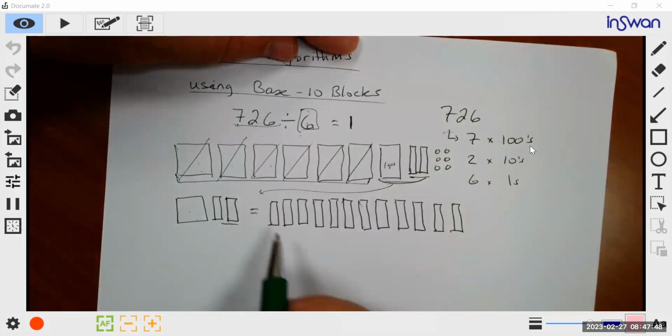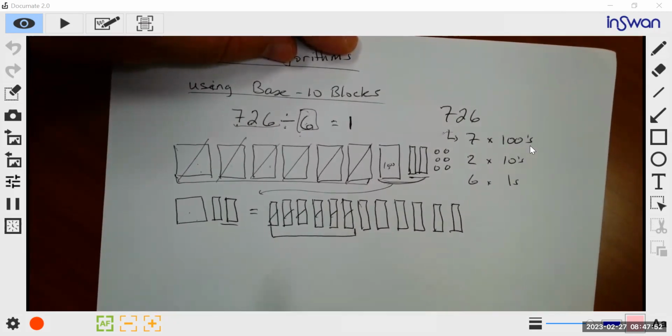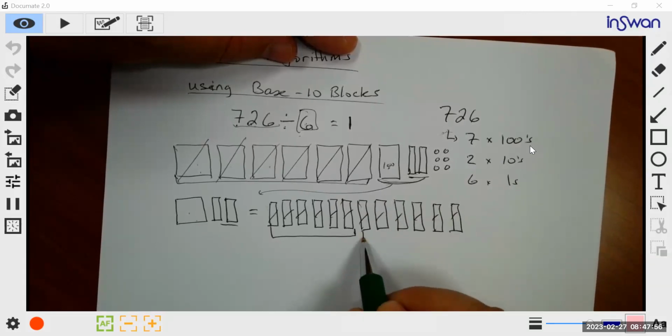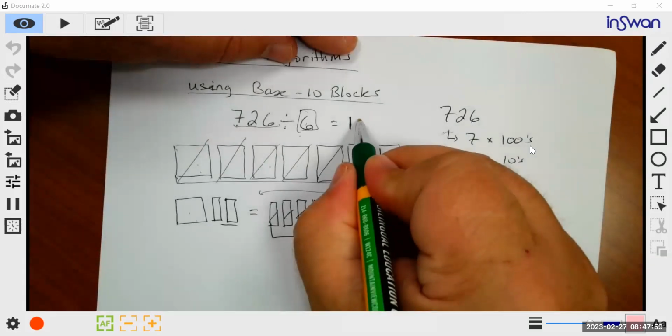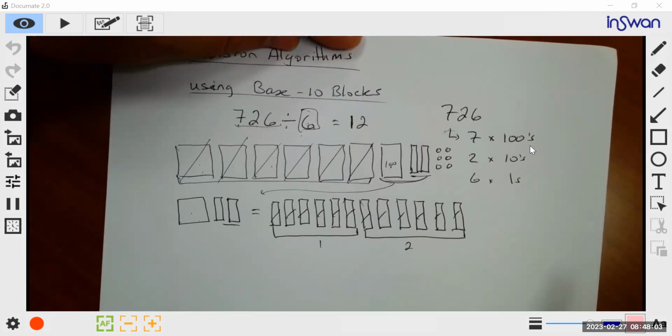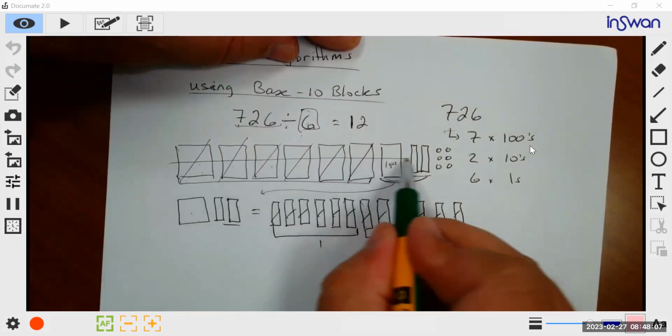Remember, I'm dividing by 6. So 1, 2, 3, 4, 5, 6. This is one group. 1, 2, 3, 4, 5, 6. This is 2 groups. So it goes in there 2 times, once, twice. So that takes care of all of these.